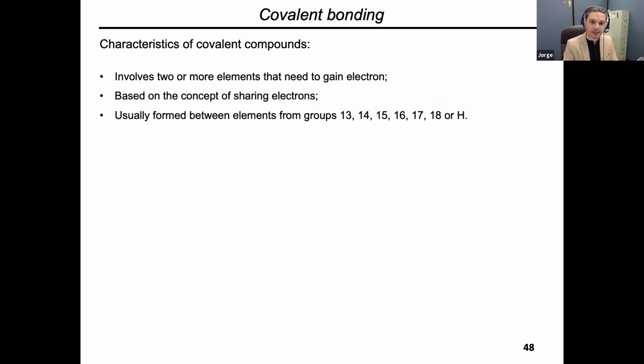We will discuss in more details about covalent bonds in the second part of the course. What I want to show you right now is just how to name the covalent compounds. And we will discuss deeply the sharing of electrons in the second part of the course.